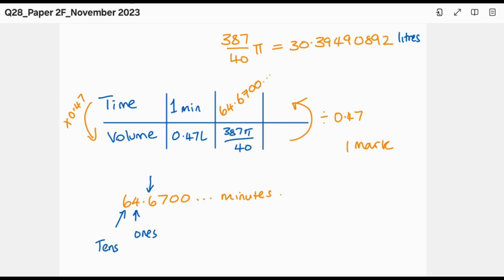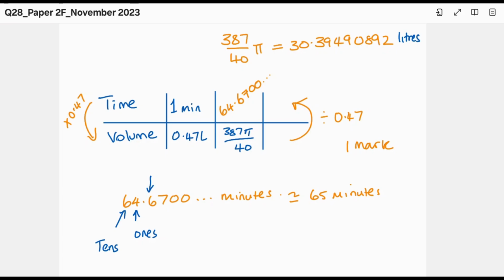The question wants us to stop here because it says to the nearest minute. Now, if we're doing that, we need to look at the next digit along, which is your decider. And if that digit is 5 or more, we add 1 to this last digit here. So 64.67 to the nearest minute is going to be 65 minutes.